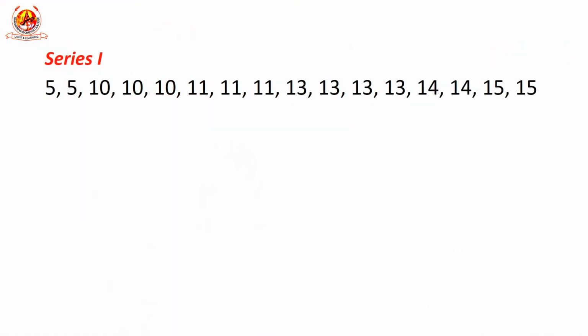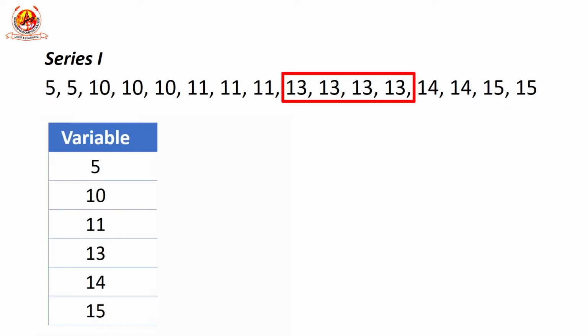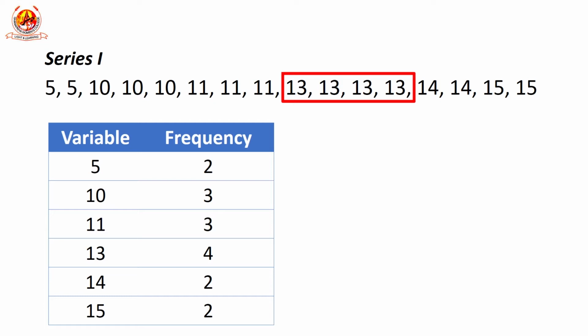Just look at this condition. In this series, there are 5, 5, 10, 10, 10, then 11, 11, 11, 13, 13, 13, 13, 14, 14, and 15, 15. In this series, 13 is the most frequently occurring item. Look here, this 13 has the frequency of 4.